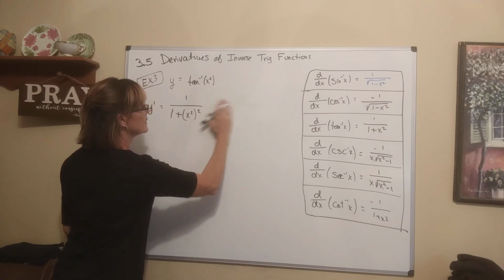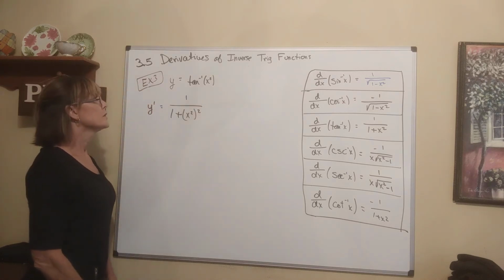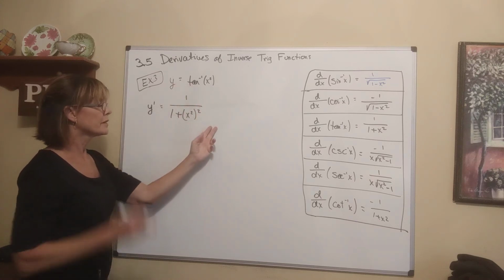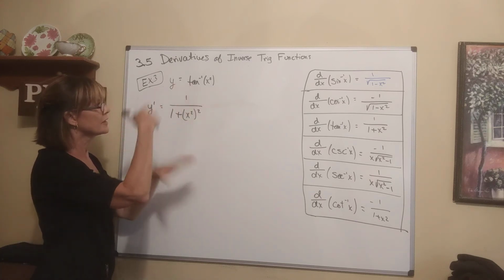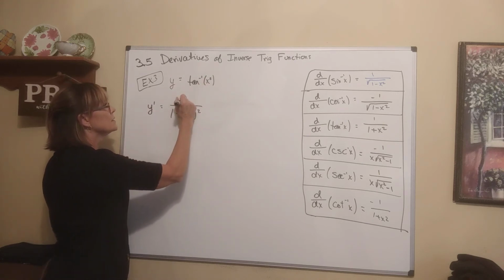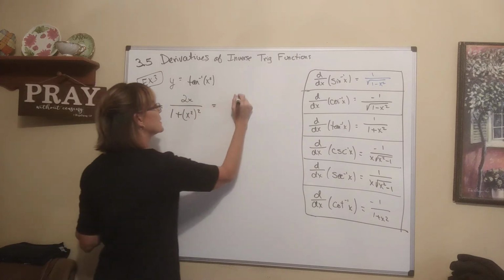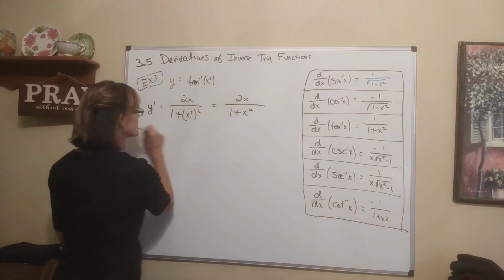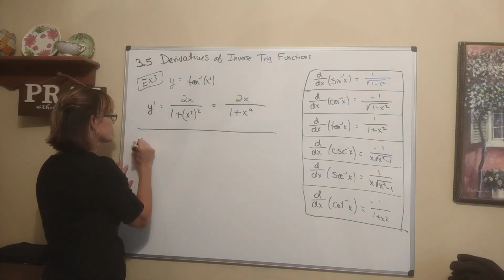Y prime is going to be 1 over 1 plus x squared squared, that part's fine, times the derivative of the inside function. What is the derivative of x squared? It is 2x. So this is going to be 2x over 1 plus x to the 4th. That's what the derivative is for example 3.